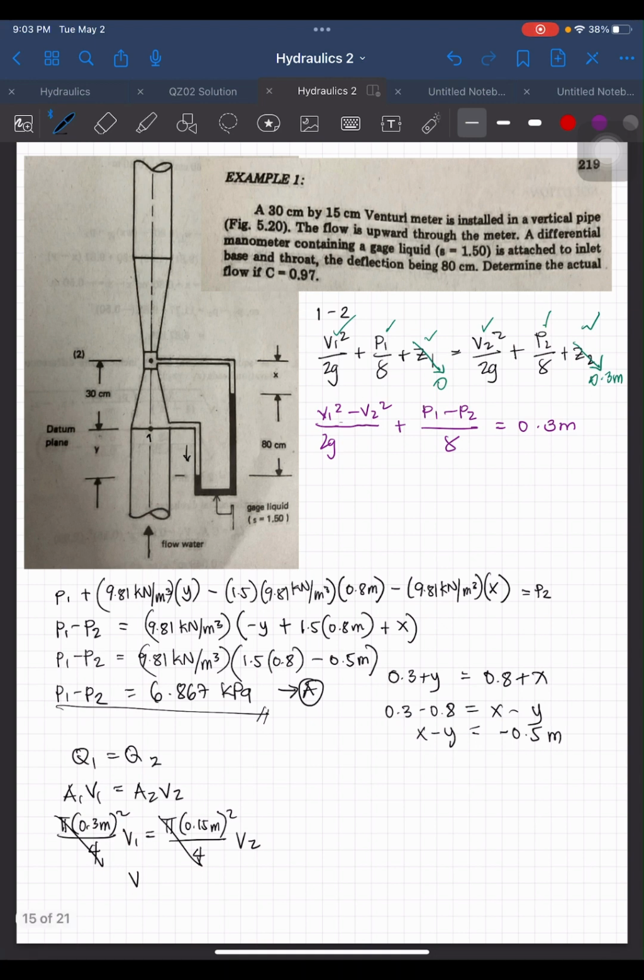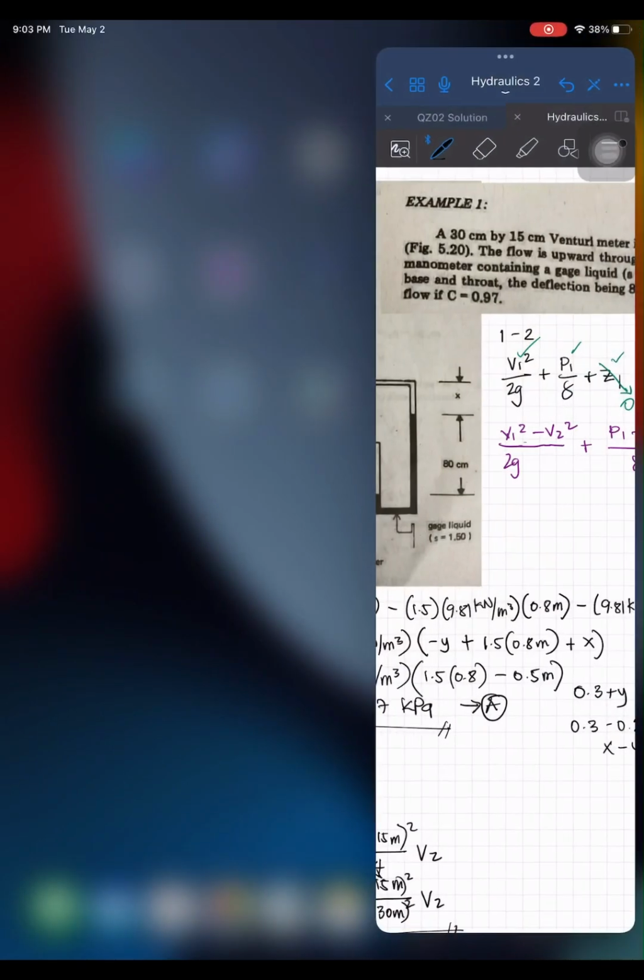So, we can have V1 is equal to 0.15 squared over 0.3 squared V2. Now, this is the relationship of V1 and V2. So, simplify natin yan.